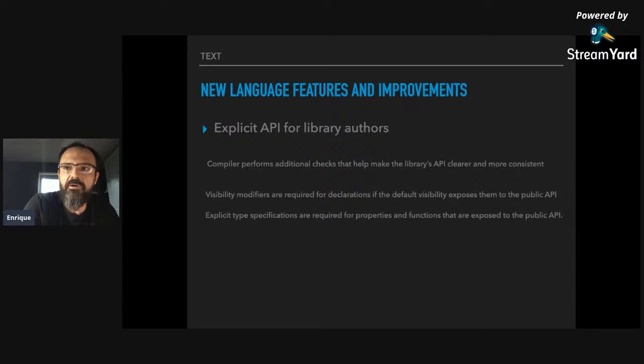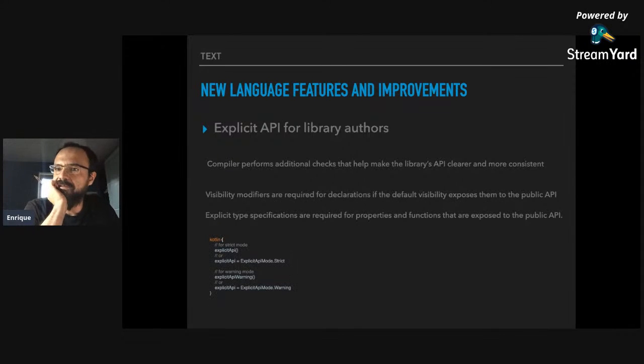So there are two requirements. The visibility modifiers are required for declarations if the default visibility exposes them to the public API. And explicit type specifications are required for properties and functions that are exposed to the public API.